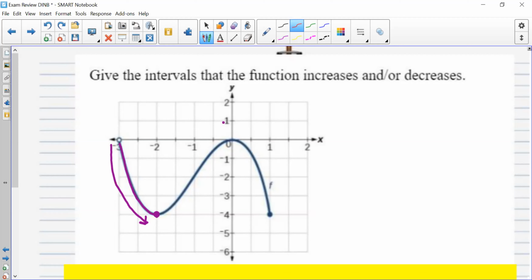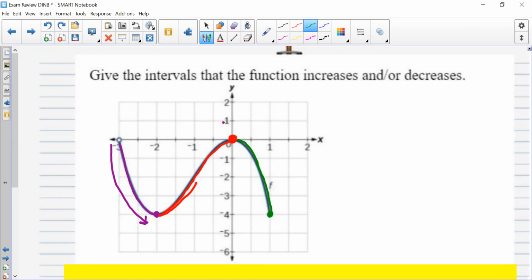The graph starts to increase as I move to the right. So as I'm tracing this graph, I'm increasing, I'm increasing, my y's are increasing, and then they stop increasing right here. And then my y's start to decrease until the end of the graph.